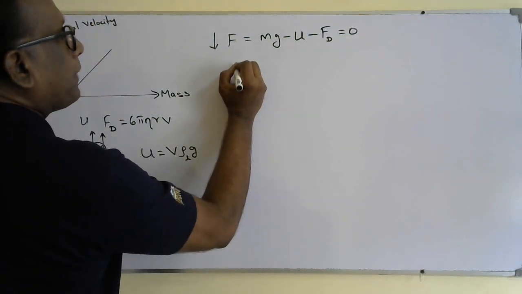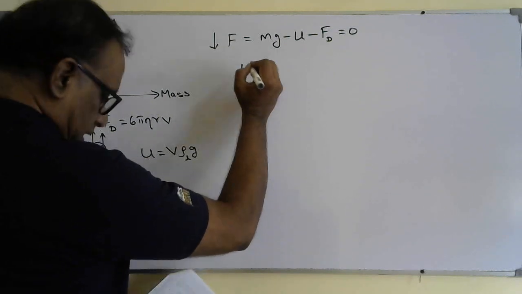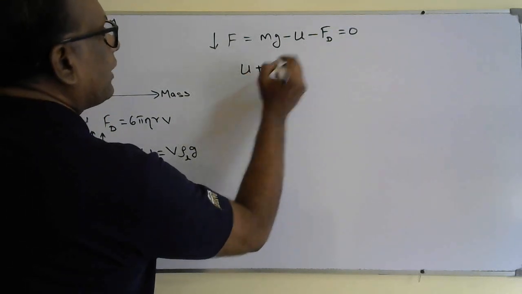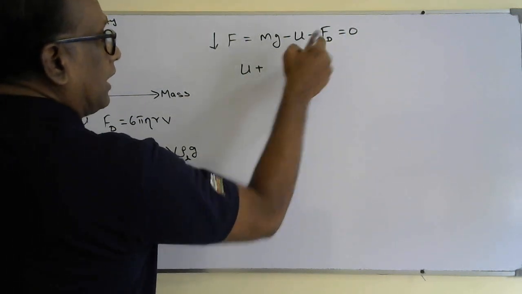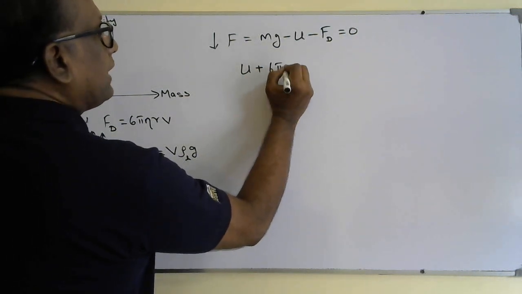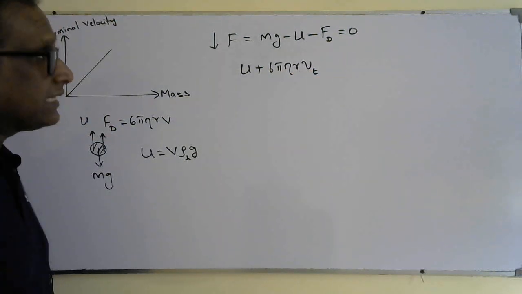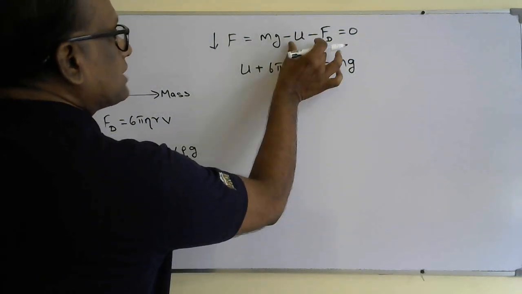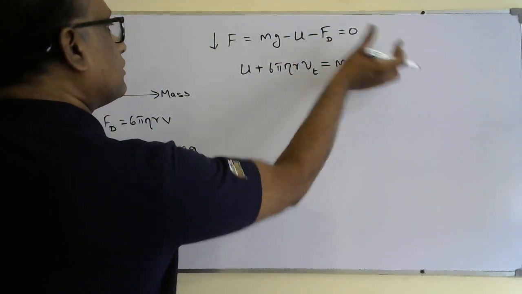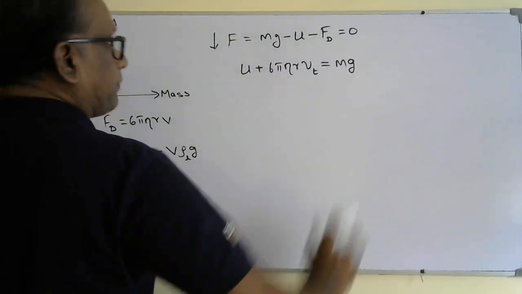That means upthrust plus the drag force, 6 pi eta r vt, where vt is the terminal velocity, must be equal to mg. I took these two to the right, then wrote those two on the left side. So U plus 6 pi eta r vt equals mg, right?